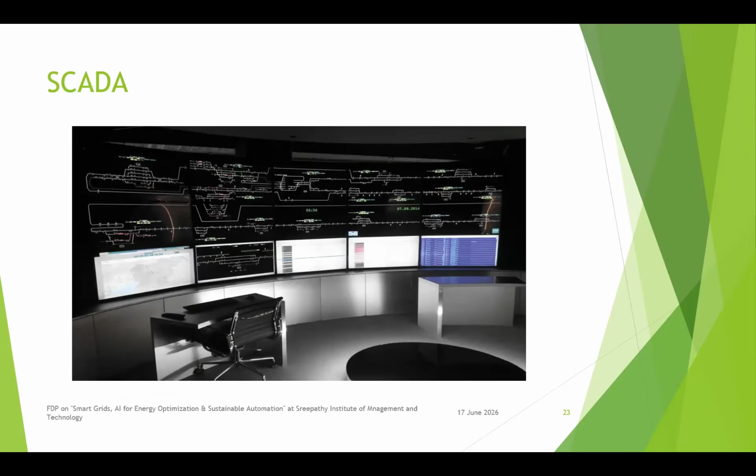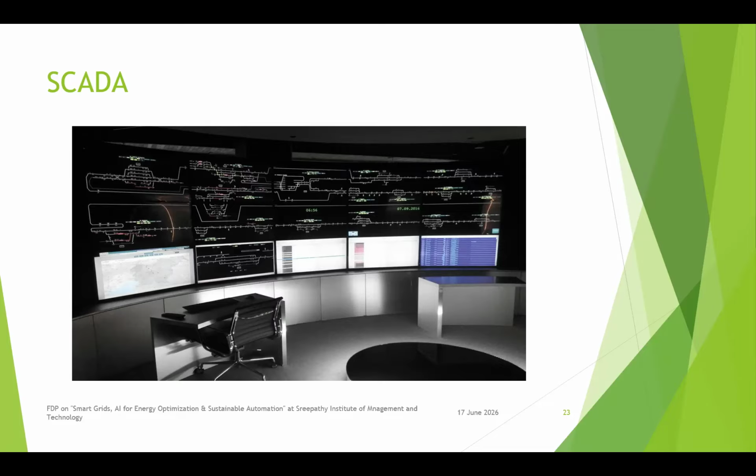So this is the SCADA unit, that is, the supervisory control and data acquisition system. It collects data from the substations. It's a graphical representation of the system, and it collects data from the substations and also sensors, and that data is transmitted to the control unit and operators.